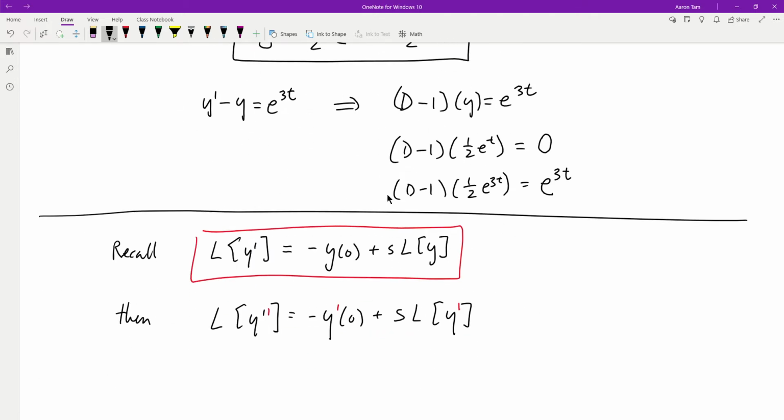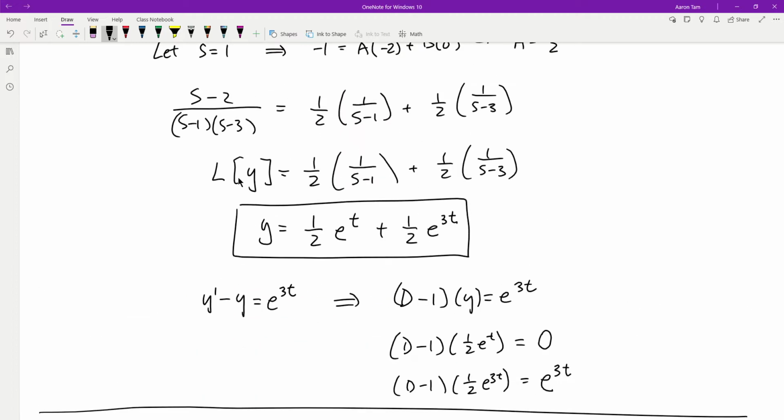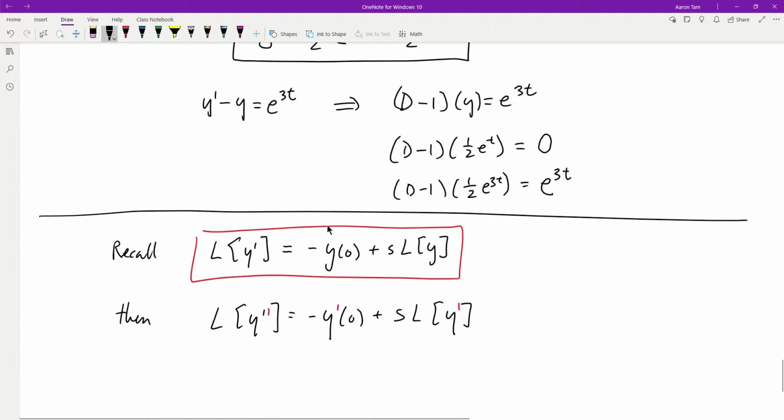So the essence of this method is to be able to transform all the derivatives of y into just the Laplace transform of y, L of y. This doesn't work here because I have a Laplace transform of y prime. Lucky for us, we know what the Laplace transform of y prime is. It's right there on top in the red box.